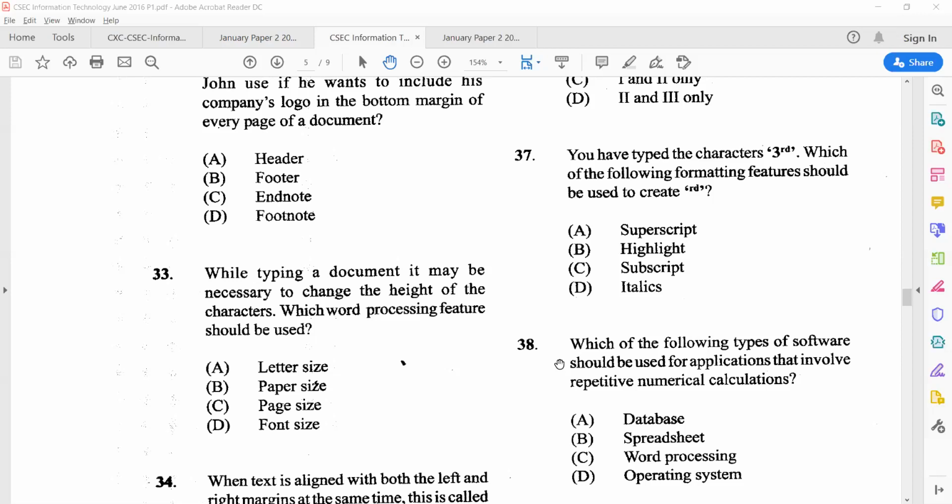Which one of these features do you use? Is it superscript, highlight, subscript, or italics? Anybody?